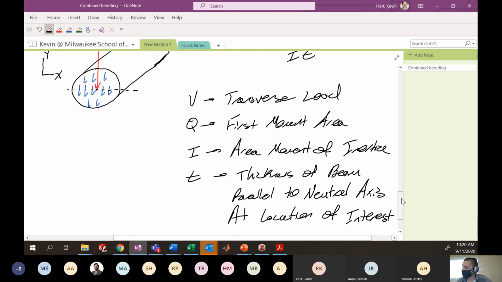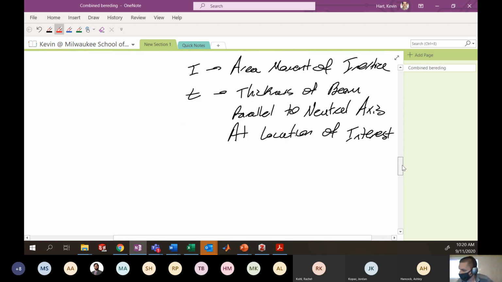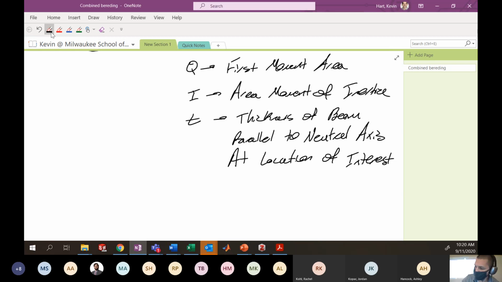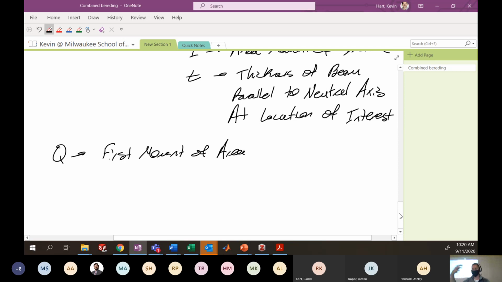Okay. So now let's talk about these more complicated terms, this Q and this T. Let's do Q, which is the first moment, or first moment of area. It has a lot of strange names.